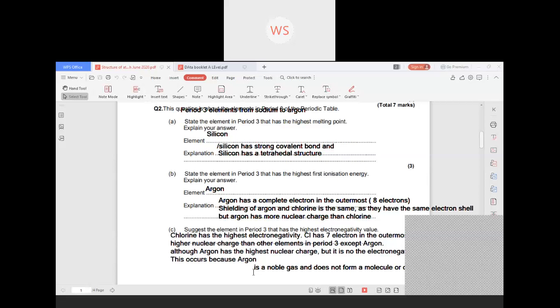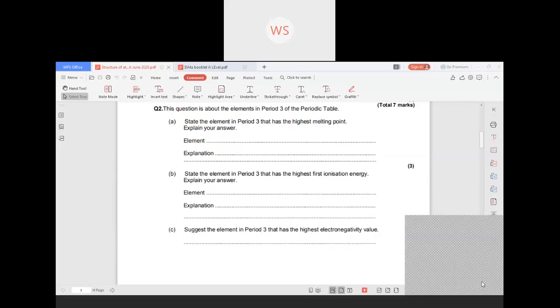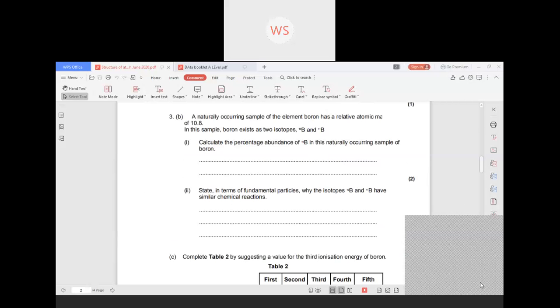And then let's continue to the next page, number 3. A naturally occurring sample of boron has relative atomic mass of 10.8.